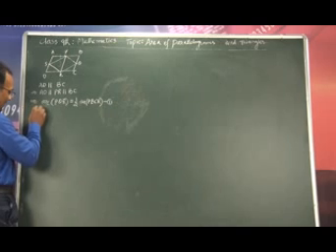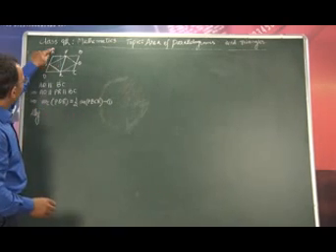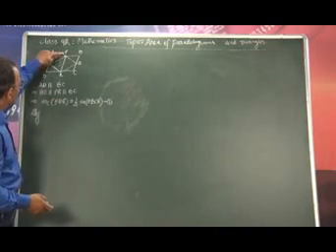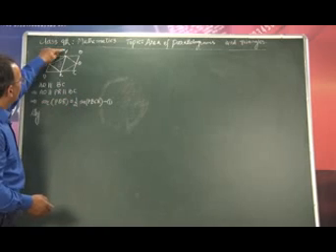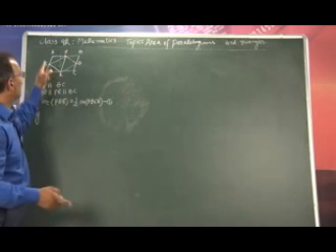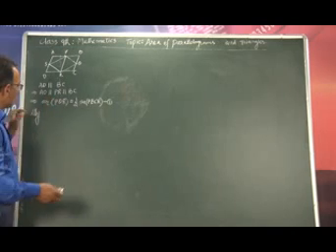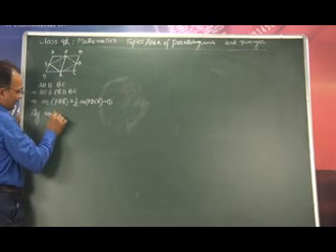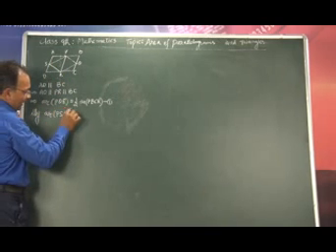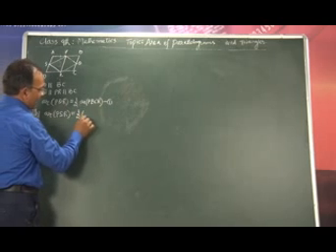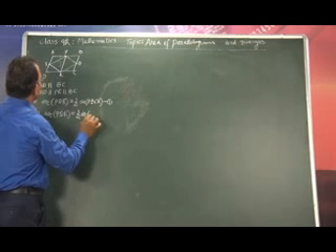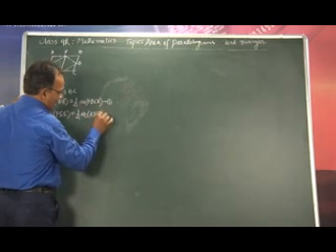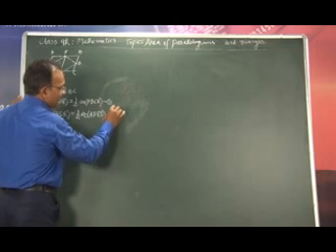Similarly, APRD is again a parallelogram, and PSR is a triangle which is on the base PR, which is also the base of the parallelogram APRD. So, we can write area of triangle PSR is half of the area of APRD. Let us name this as second.